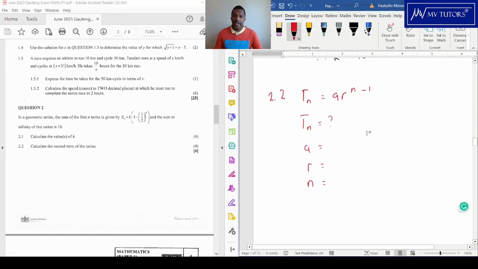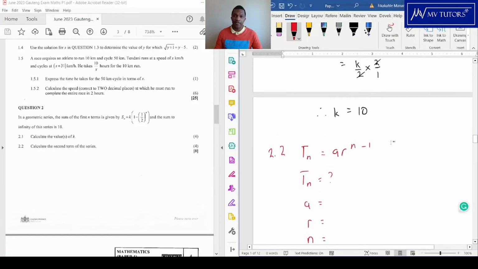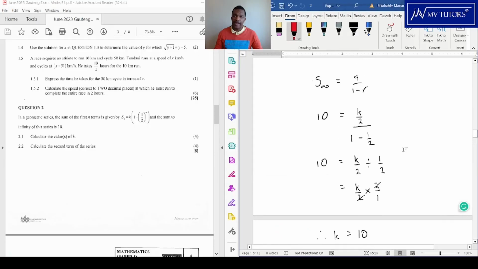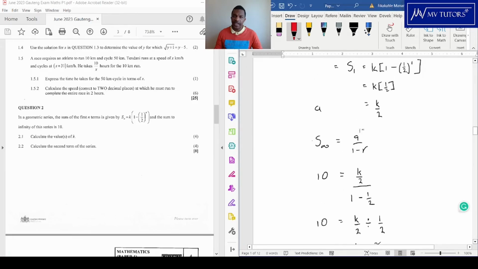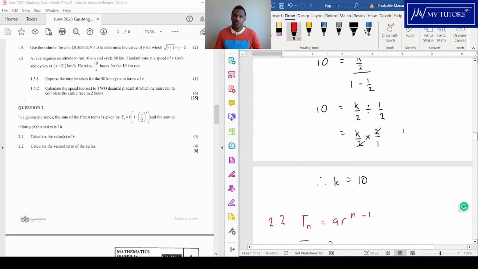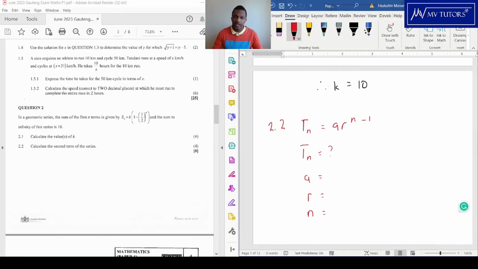The value of a: now, what is our value of a? Did we solve for a? Sure did. a is k over 2. But k, we've solved it. It is 10. So it's 10 over 2, which is equal to 5.